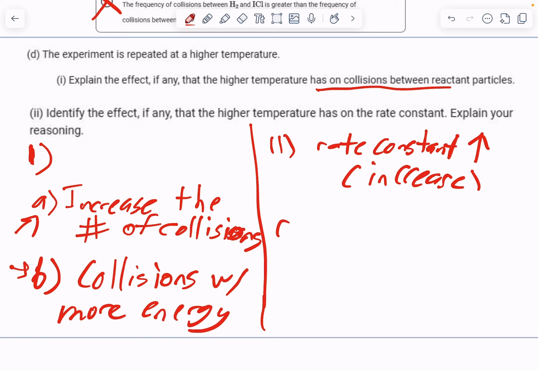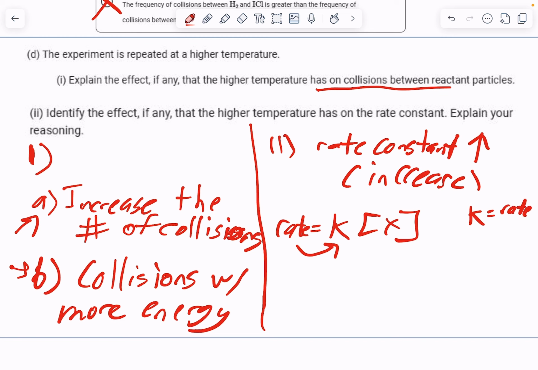So here's rate that is equal to k times the concentration of something times whatever concentration, whatever the rate law is, right? Well, based on the rate law equation, the rate is directly proportional to the rate constant. Remember, the rate constant is k.